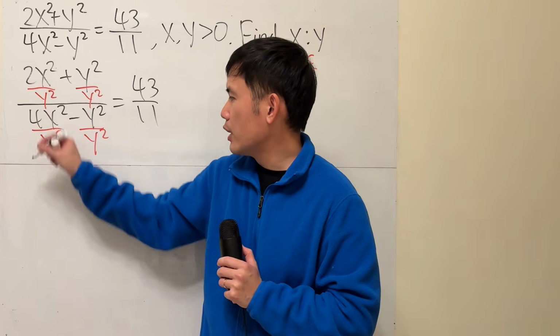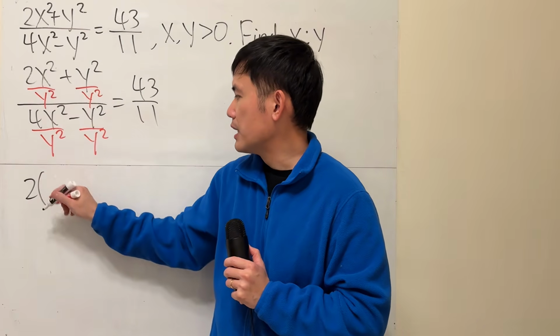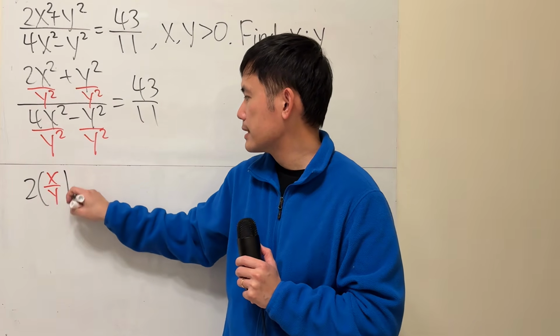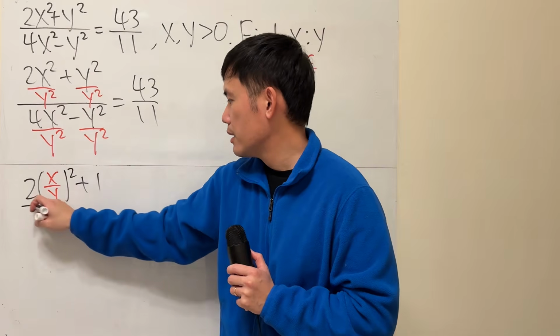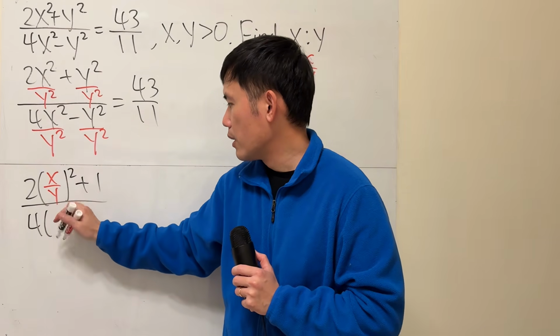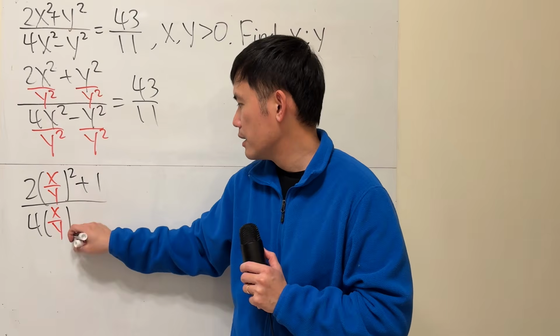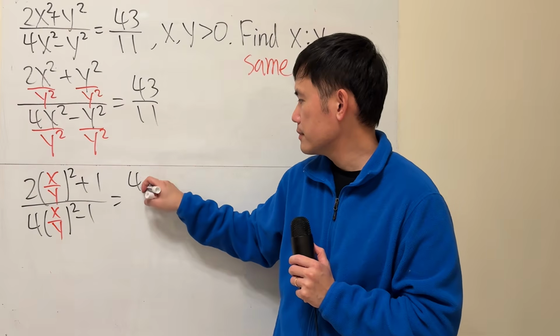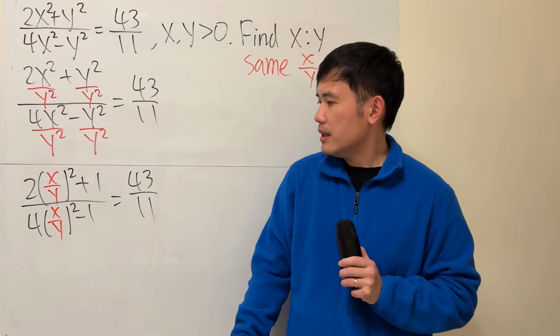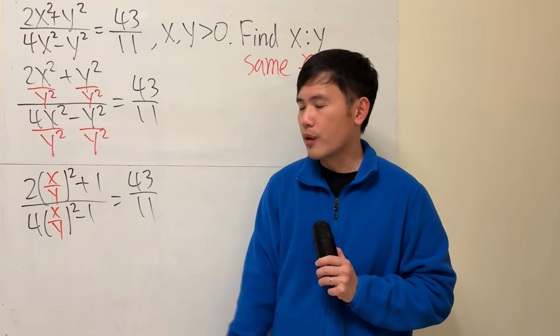Now, we can write this as 2 times x over y, squared. Y squared over y squared is just 1. Same thing here for x over y squared, and that is minus 1. Okay, how do we solve for x over y?